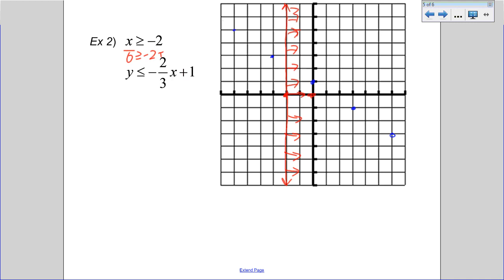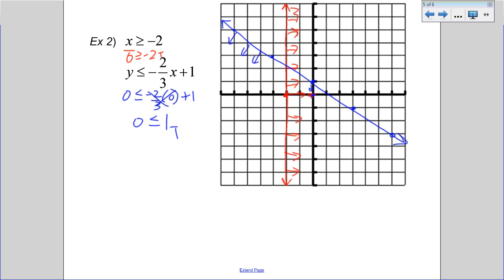It's going to be a solid line, so we're going to follow those. And then we can test 0, 0. We can see that it says y is less than, so I feel pretty confident that I'm going to shade below this point, but we'll just double check. So we get 0 is less than or equal to -2/3 times 0 plus 1. This cancels out, so I get 0 is less than or equal to 1, which is true, which means I'm going to shade below that.